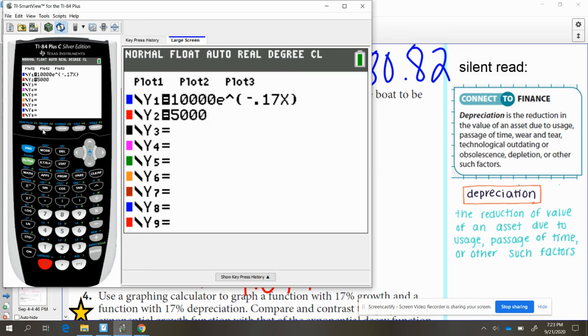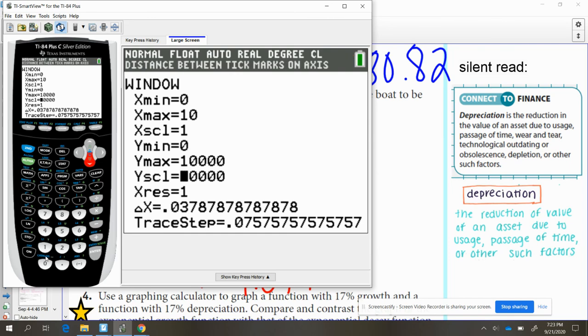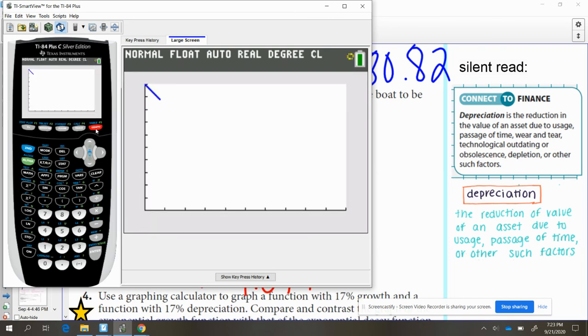You're going to have to play around a little bit with your window, because you're probably only going to need about 0 to 10 years, and we definitely don't need to go quite so high on our scale. Probably, we're maxing out at 10,000 as it is, and maybe go up by 1,000. And you can graph to check out where this intersection is going to occur, and it should be again at that 4 years marker. Okay, so see right around here.